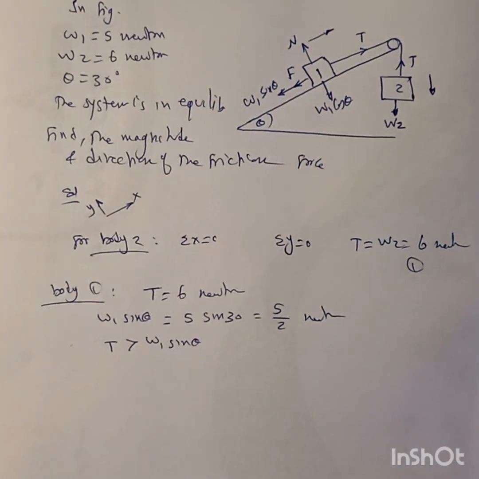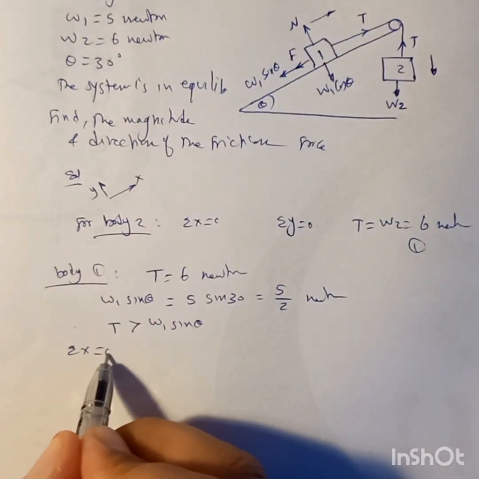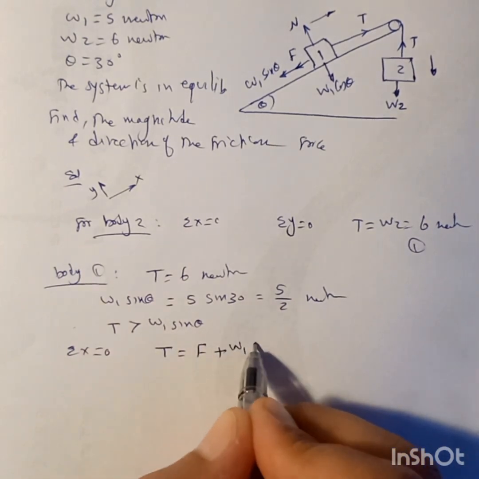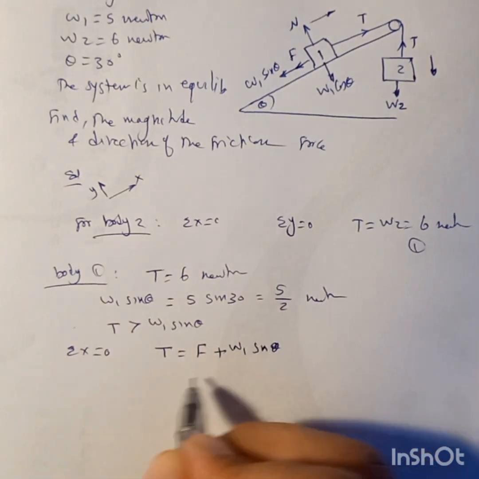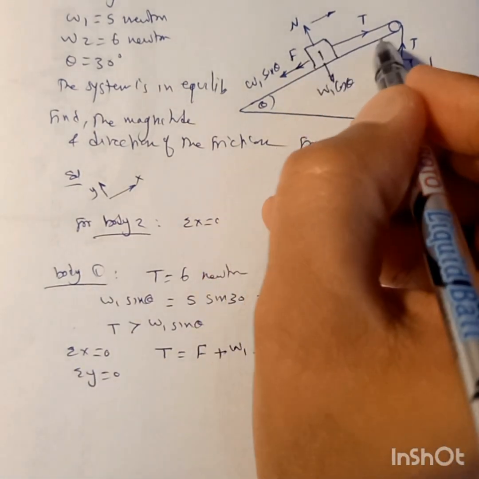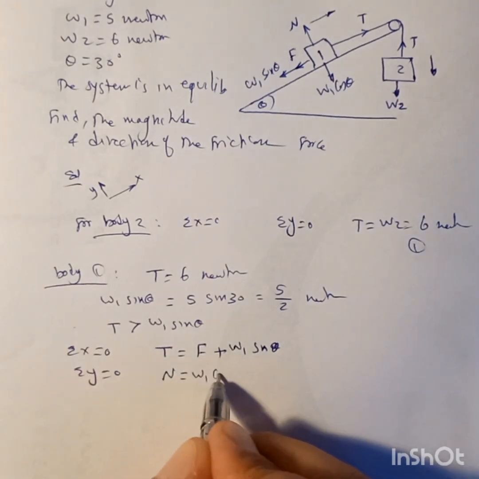Now we can apply the equations of equilibrium of this body number 1. Summation of x equals 0. Then we have T equals F plus W1 sine theta. And we have summation of y equals 0 also for this body placed on this rough inclined plane. We have N equals W1 cosine theta.